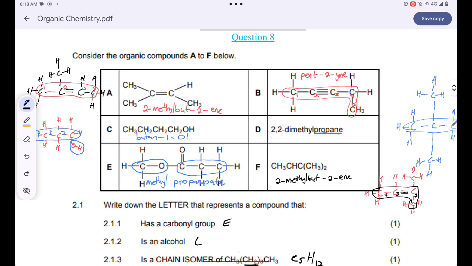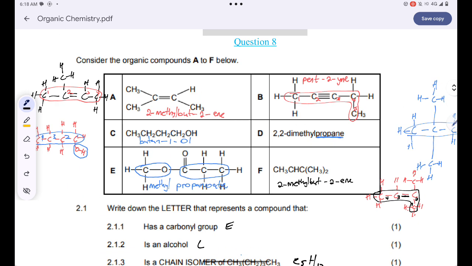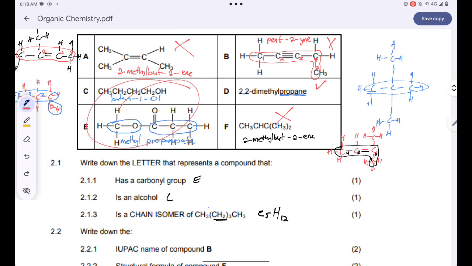So since I'm dealing with an alkane, compound F is out of the conversation, compound A is out of the conversation, compound B is also out of the conversation. Obviously, these are not hydrocarbons, they are out of the conversation. So this is a chain isomer. But let's confirm that. How many carbons do we have? We have carbon 1, 2, 3, 4, and 5.